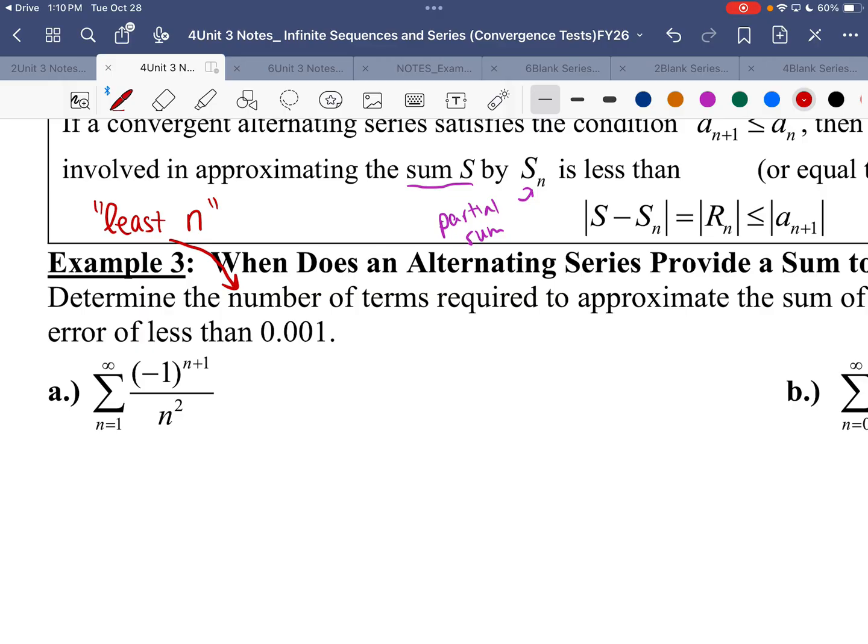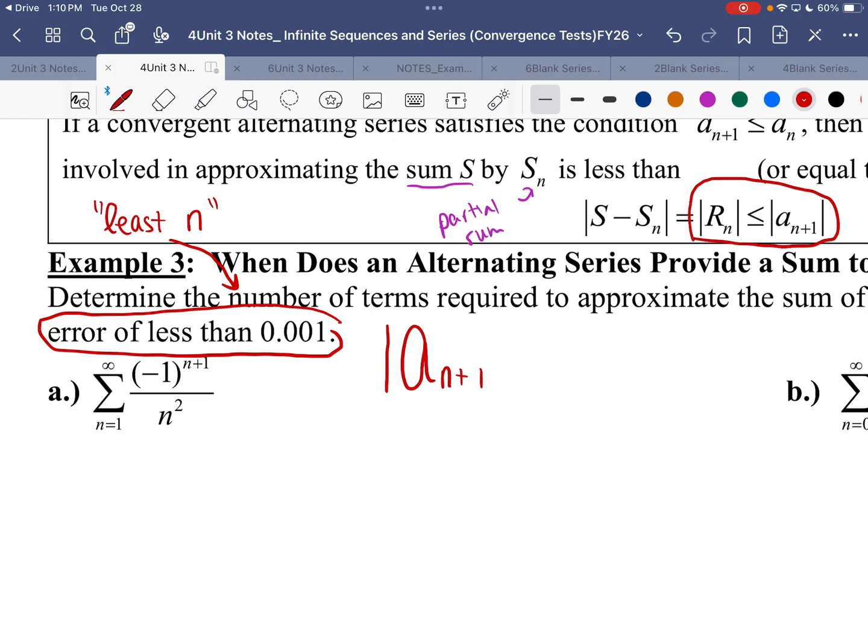So this is our remainder, basically our error. We want to figure out what first neglected term we're going to end up on. So this is the part of the equation we're dealing with. It's absolute valued. We have 1 over, plugging in n plus 1 where I see an n, squared.